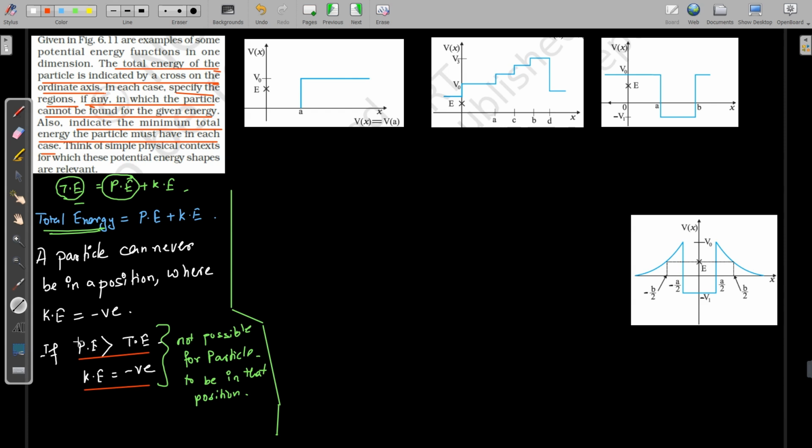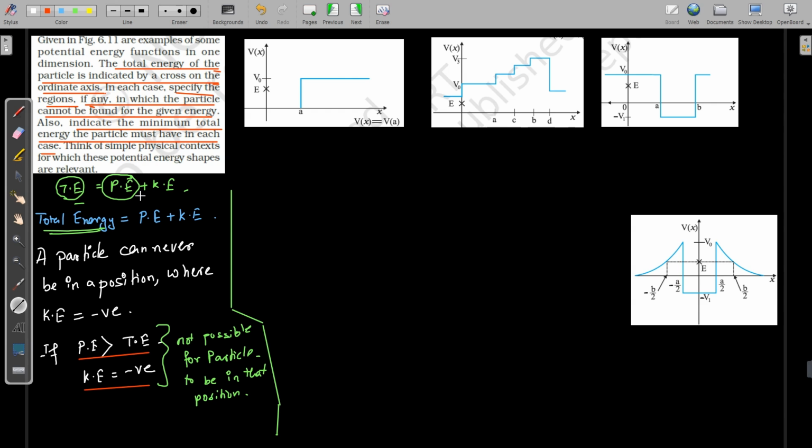Why? I'm repeating once again. Total energy is equal to the sum of potential energy plus kinetic energy. By any chance, if potential energy becomes more than total energy, what can we understand? That at that situation kinetic energy has become negative.